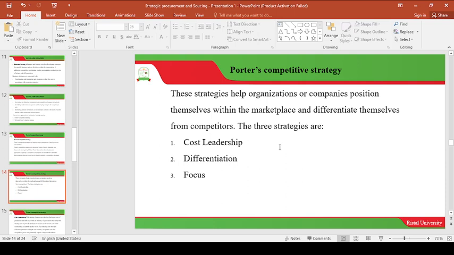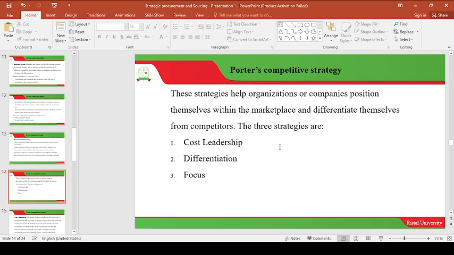There are iPhones, Samsung, Tecno and itel. But using differentiation, Apple managed to outcompete these others by winning the market share, by winning the brand loyalty from the customers.